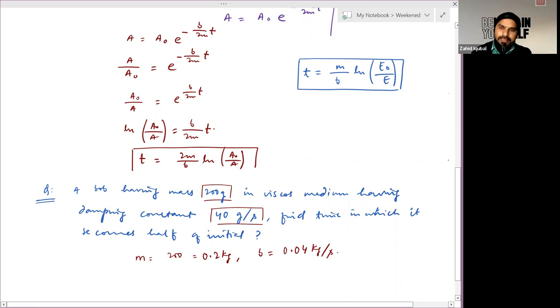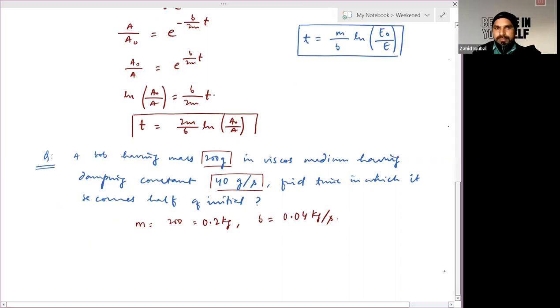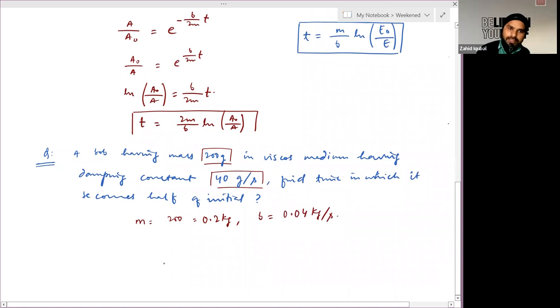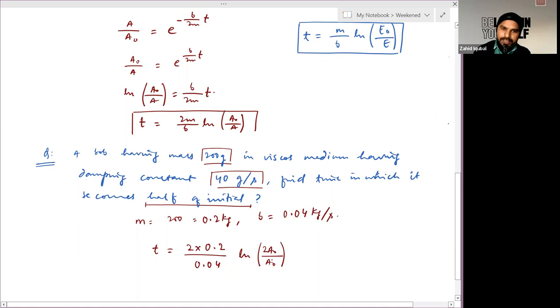We have to calculate the time in which its amplitude becomes half of its initial value. So according to the formula, t equals 2 times m, that is 0.2, divided by b, which is 0.04, ln A naught by A. Final amplitude becomes half of its initial amplitude. It means A naught by 2. So A naught and A naught will cancel out. Now just simplify it.